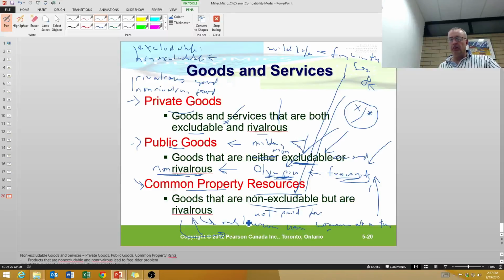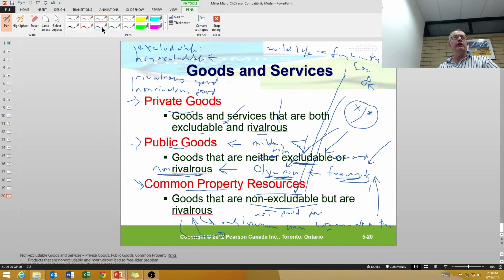And so it results in overproduction, and this overproduction is due to the producers not paying the full cost of their resource extraction. That means we have a deadweight loss, and the deadweight loss means we're at a point of non-allocative efficiency on our production possibilities curve.